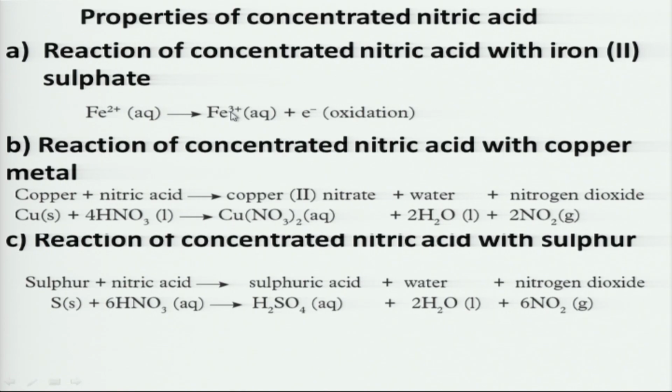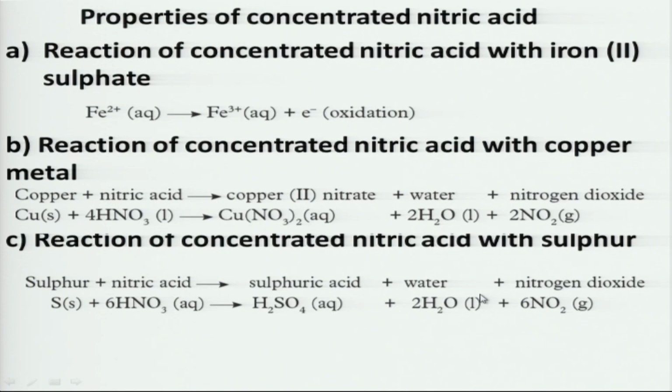With copper metal, when copper reacts with nitric acid, we get copper nitrate plus water plus nitrogen dioxide. Then when nitric acid reacts with sulfur, it gives sulfuric acid, water, and nitrogen dioxide. So you need to know these equations, how to write them properly, how to balance them and to indicate the states of reaction.